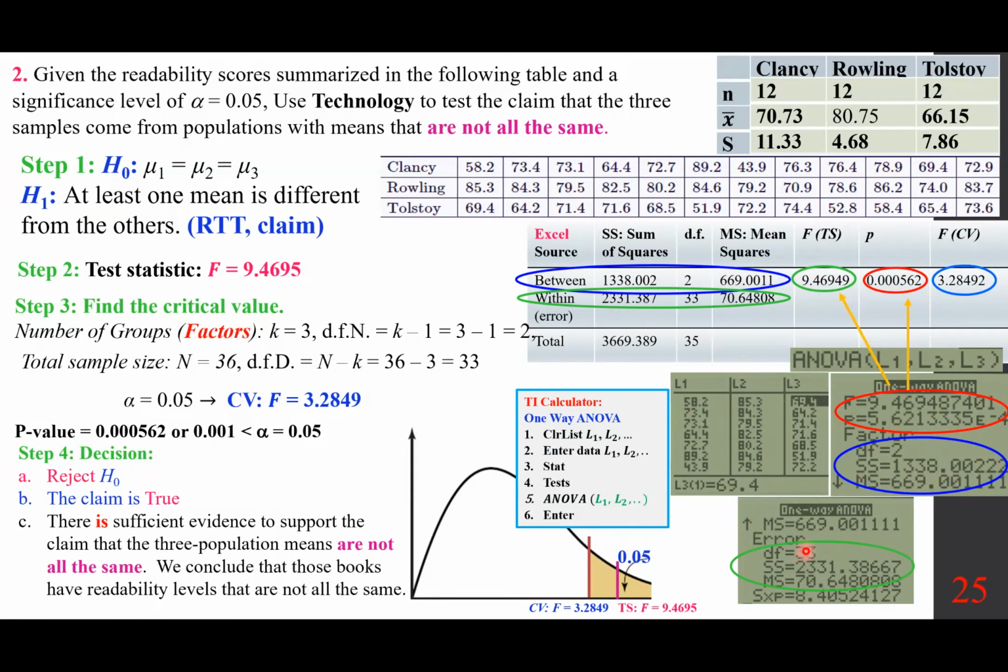Look at the degrees of freedom. Sum of squares, everything else, MS 70.64. All the calculations are here. You can use either technology.